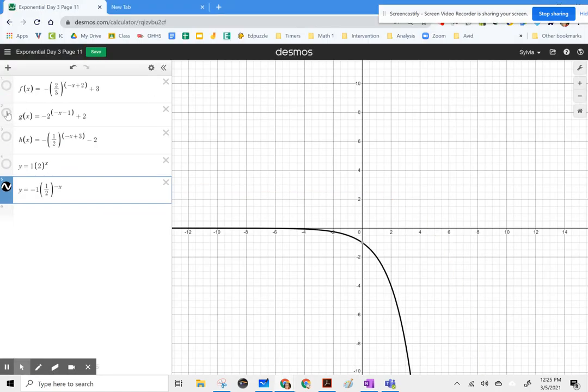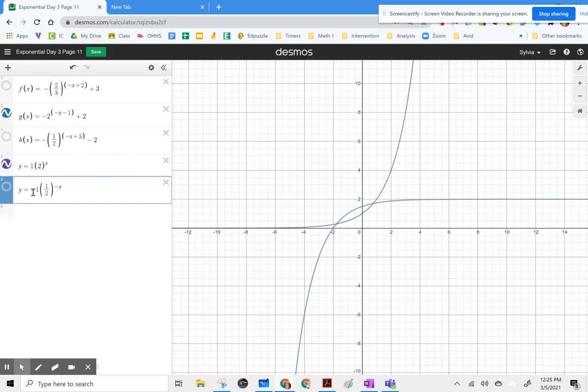And let's take a look at g. Okay, so this is my normal one. The purple is my normal, and the blue is the new one. First, this purple is a base greater than 1, so it's growth increasing at an increasing rate. Now let's take a look at g.